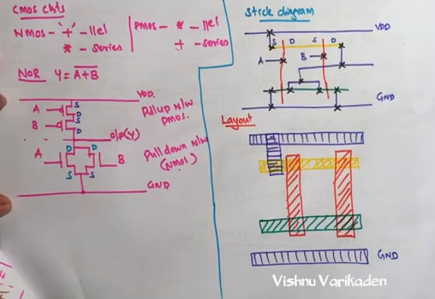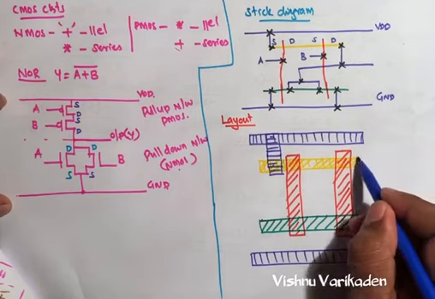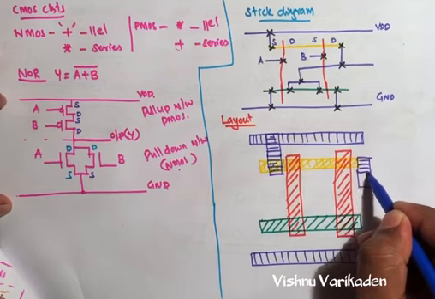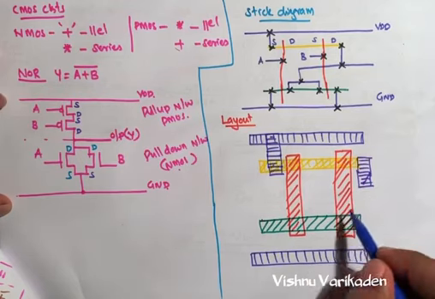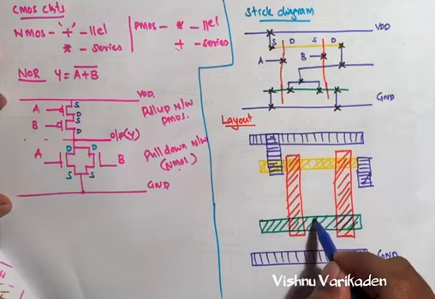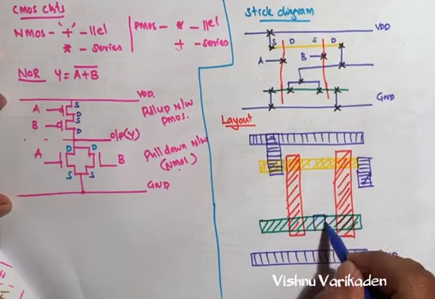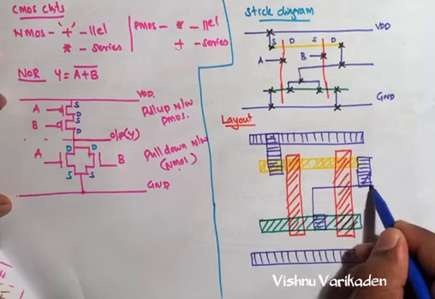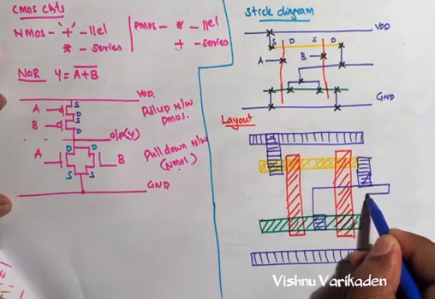This is our diagram. So we can make the metal part. So this is one of the metals coming. One of the metals is taken from this. This is directly connecting to the output part.